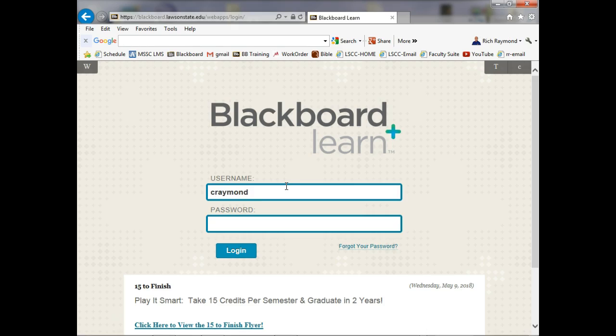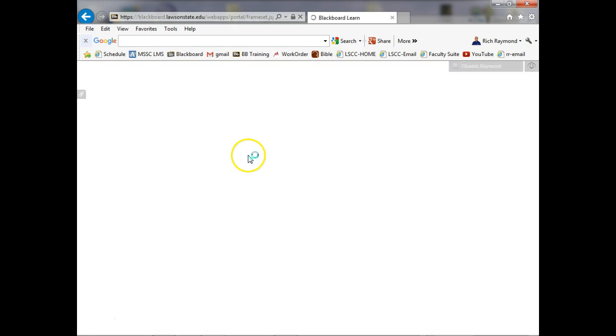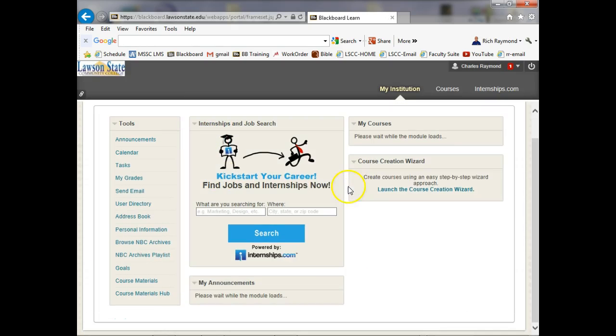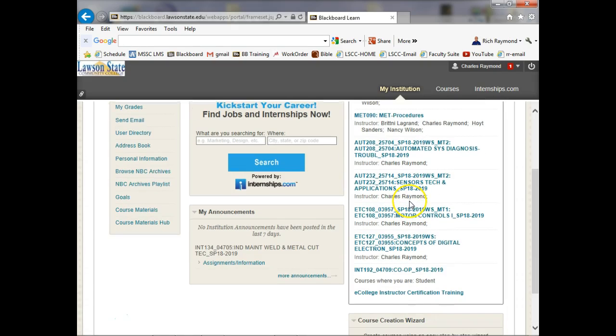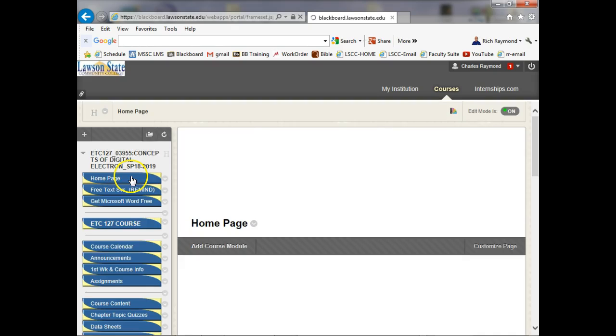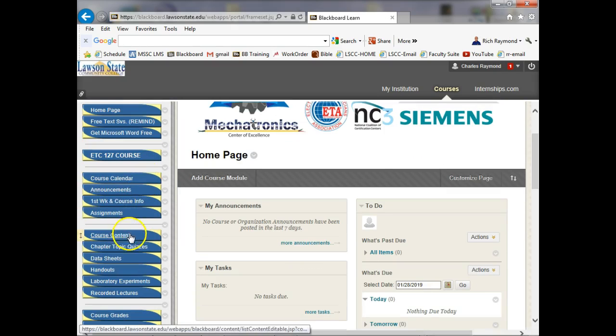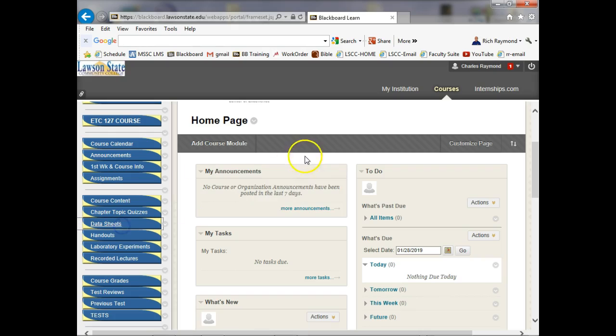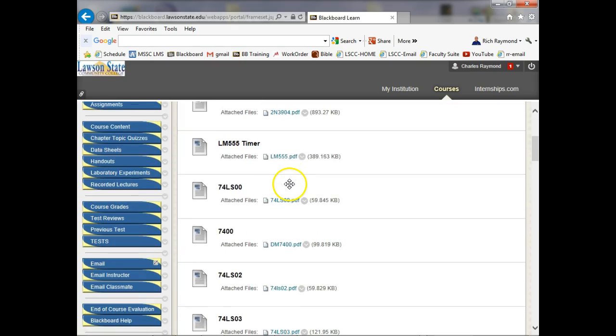But if the online version doesn't give it to you, then there's data sheets, and hopefully this one's up there. We're going to go over the data sheets in a lot more detail.